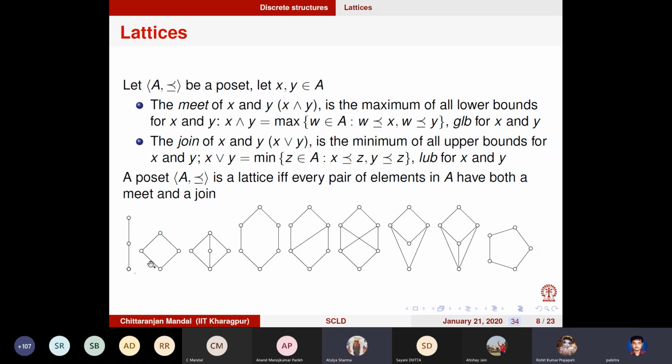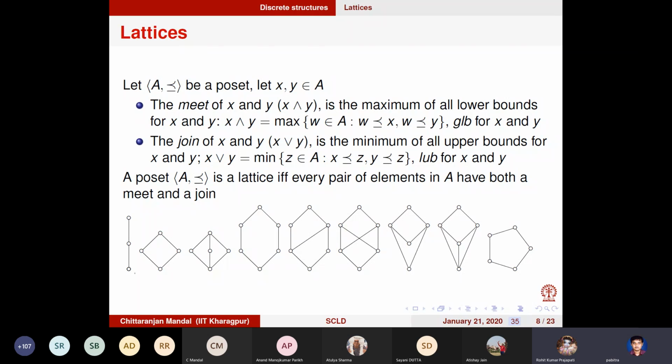Let us look at this example. The left-hand side, this chain, is it a lattice? Yes, sir. You take any two elements. For example, take the lowermost and the topmost. What is the meet of lowermost and topmost? Lowermost.